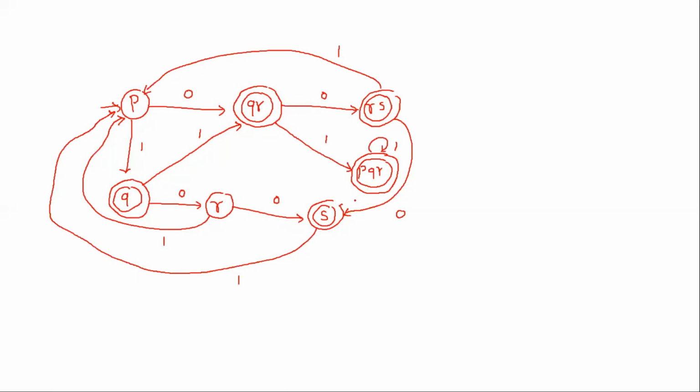But QRS and QR are equivalent. So this PQR state for the input 0 will go to QR. So this is the resultant DFA for the given NFA. Once we have this transition diagram, then we can draw the transition table for the resultant DFA.